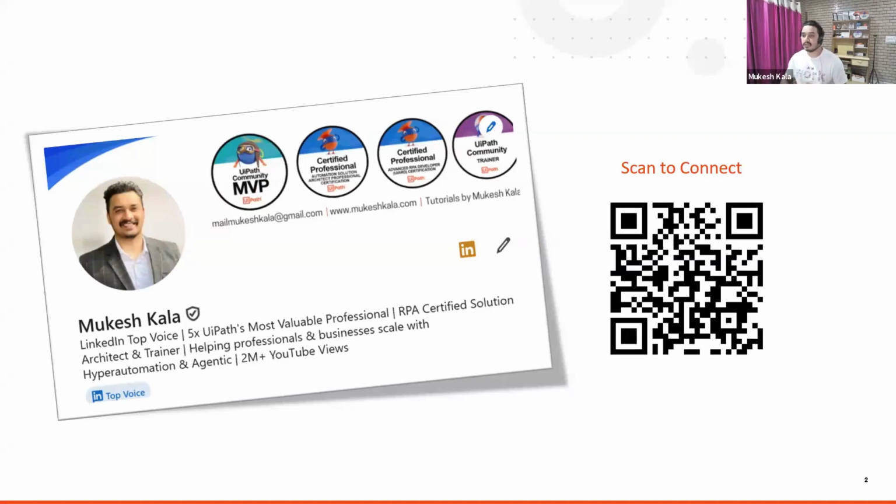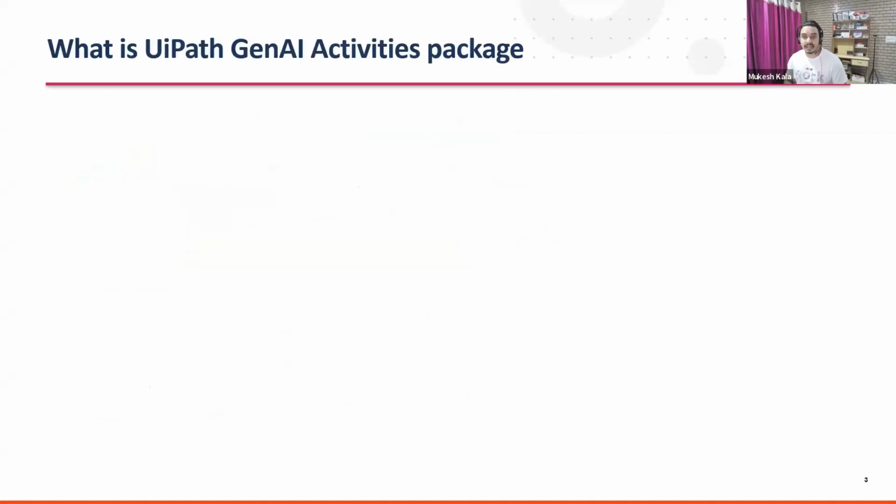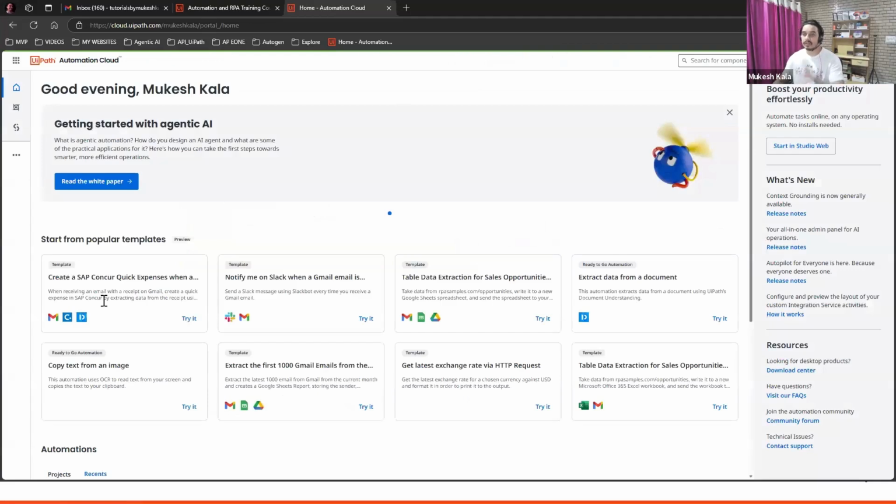And today we are going to cover the UiPath generative AI activities. I see some of the people are joining for the first day. So guys, yesterday we talked about a tool called UiPath Studio Web, which is like UiPath Studio, a software available on the website for doing the coding.